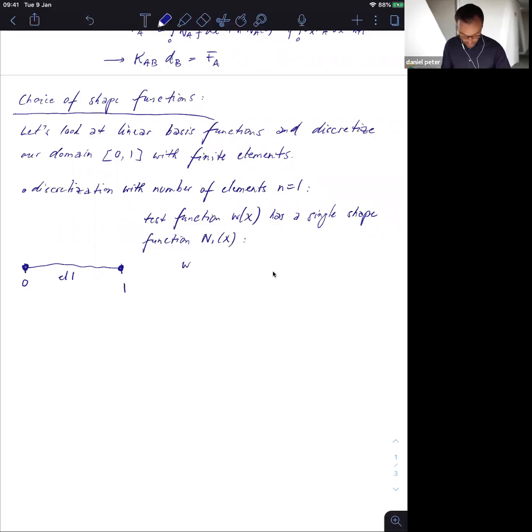So we write W of x equals C_1 times N_1 of x. This is for x in our domain, so between 0 and 1.